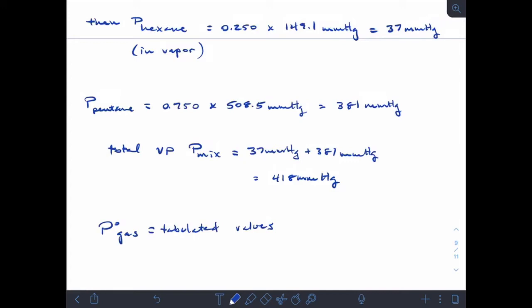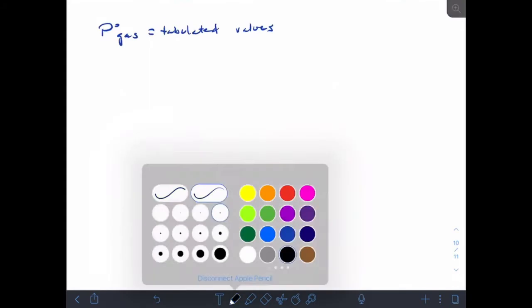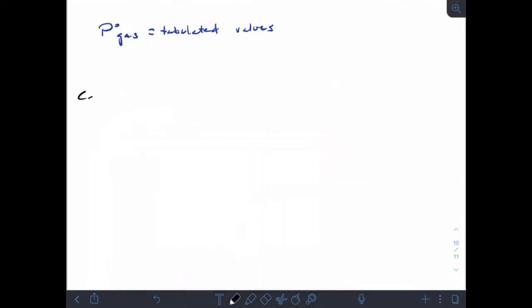So our next topic, we're getting into a thing called colligative properties, okay? And a colligative property, let's switch to a new topic, a new color.